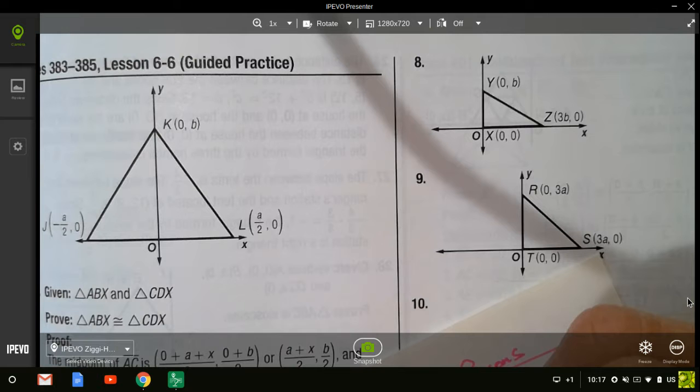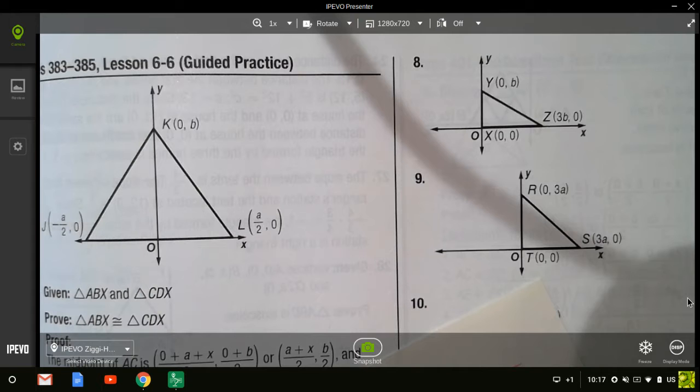Mr. Greenwood basically has 5 answer choices: SSS, SAS, AAS, ASA, and HL. And HL is by far the most confusing. By far, so you can just use it when it's a right triangle.